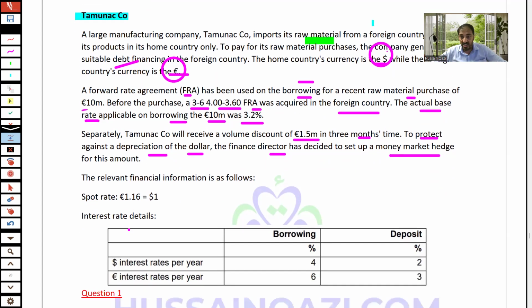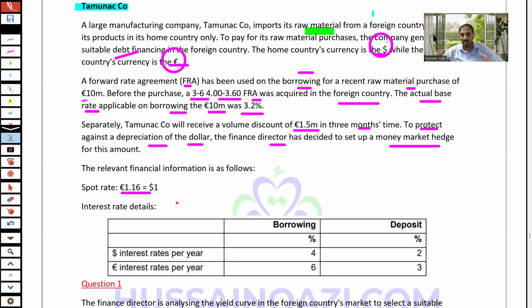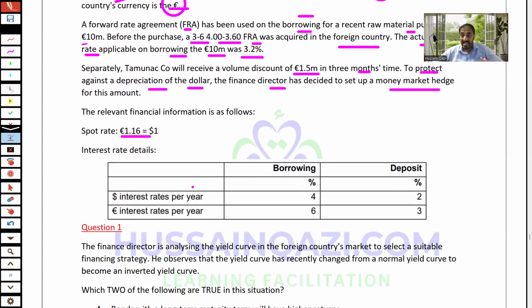The relevant information is as follows: the spot rate. No complication here about the spot rate because there is only one rate. No need to refer to any direct or indirect quote. Just take this rate, 1.16 euro per dollar. But you need to determine, for simplification, whether to divide or multiply. That's important. Then the interest rates, that's all the things about money market hedging.